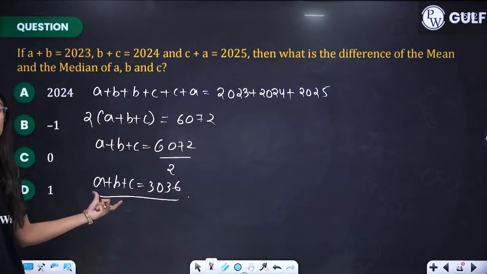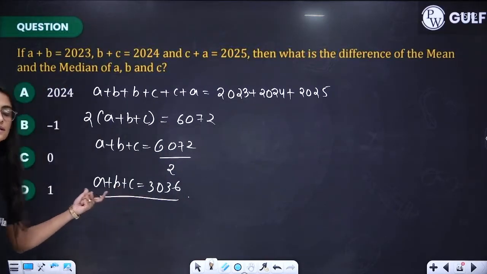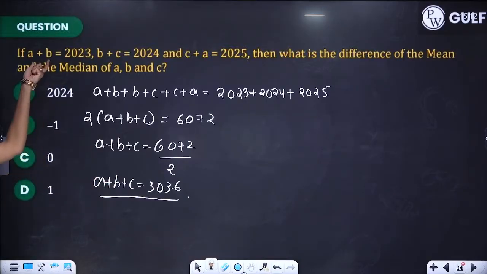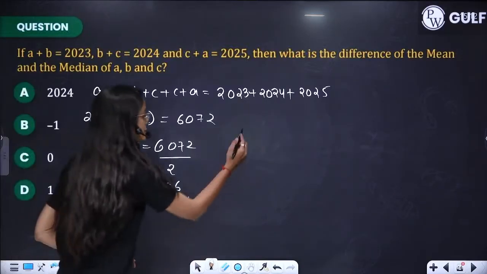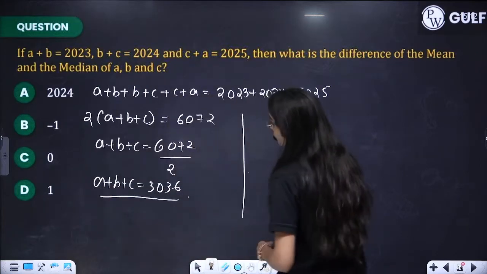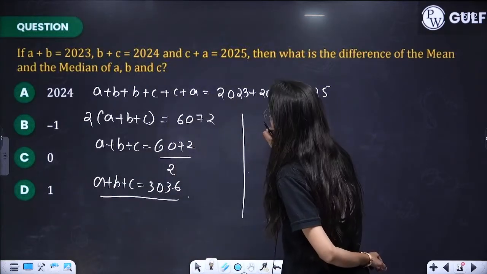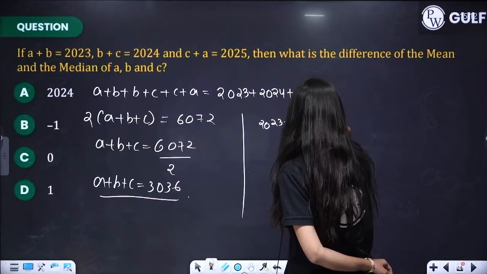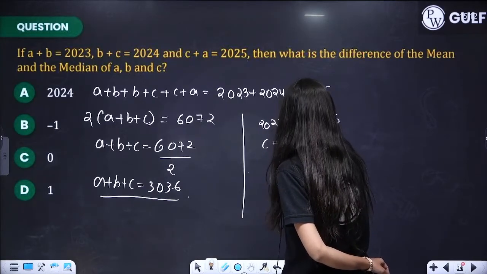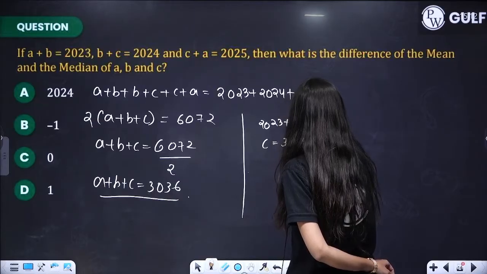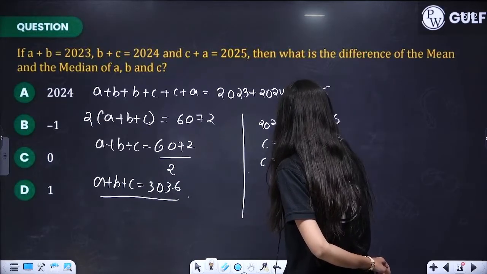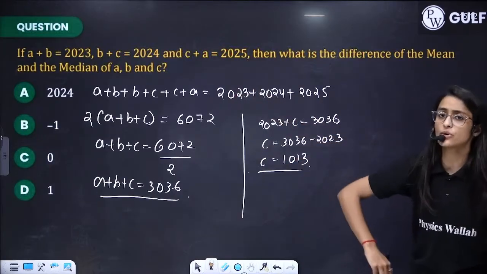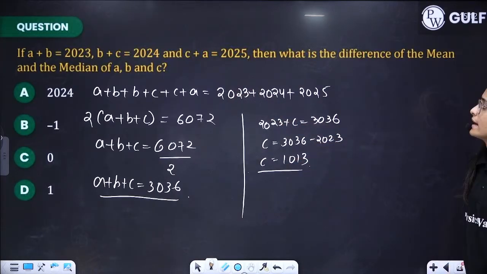Now the addition of A plus B plus C is equal to 3036. We know already what A plus B is. That's equal to 2023. You can obtain C from here. C is equal to 1013. You can substitute in either of the values, obtain B and A.